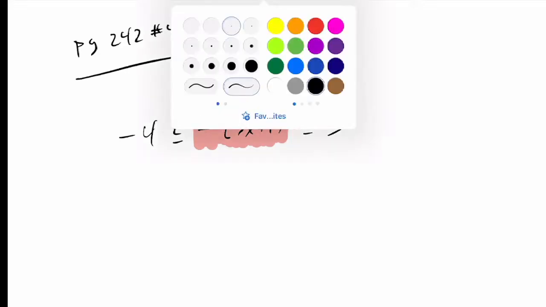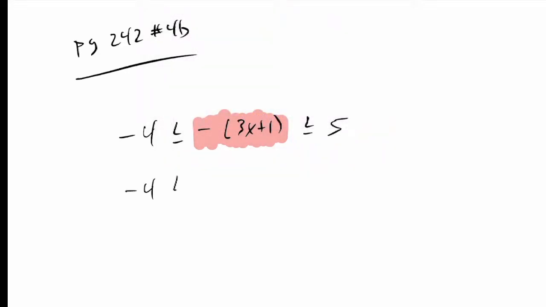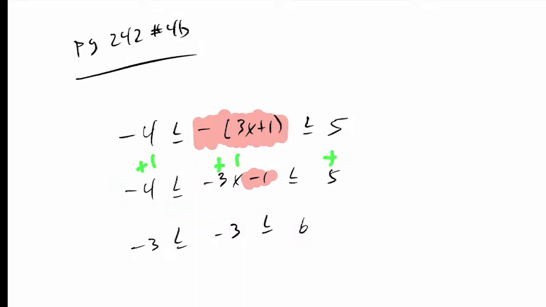So what you can do with something like this is distribute that minus sign. And then if I want to get x by itself, the first thing I'm going to do is get that minus 1 out of the way. So I'm going to add 1 across the inequality, to every single part of that inequality, to which this becomes minus 3 and 6 now. This should be an x still here.